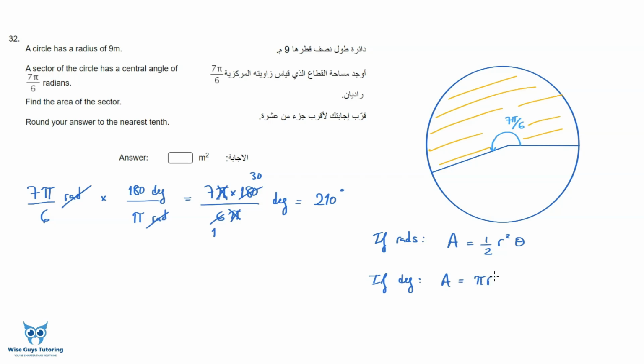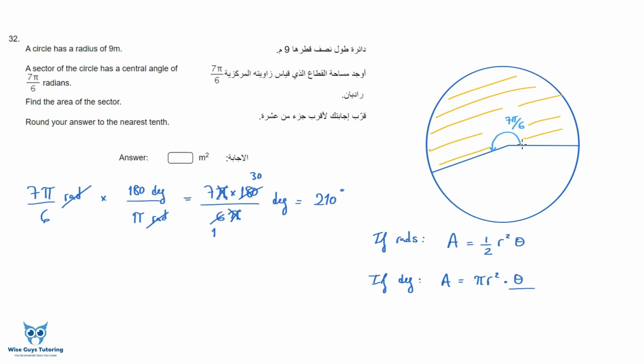Pi r squared, as we know, is a full circle, but we don't have a full circle. What do we have? We have some portion of the circle. What proportion, what fraction of the circle do we have? We have this angle, whatever it is. In this case, it's 210 degrees, but let's imagine it can be anything.